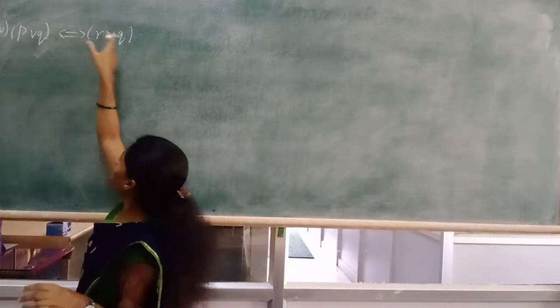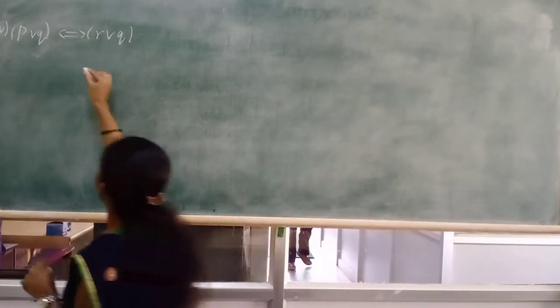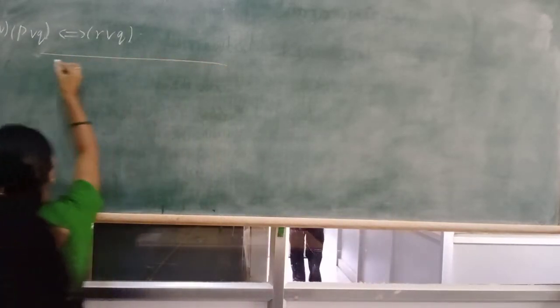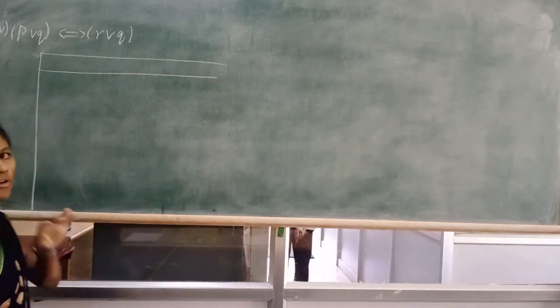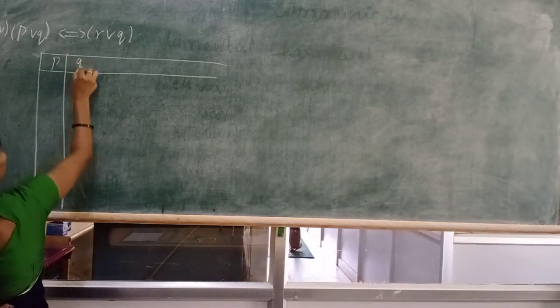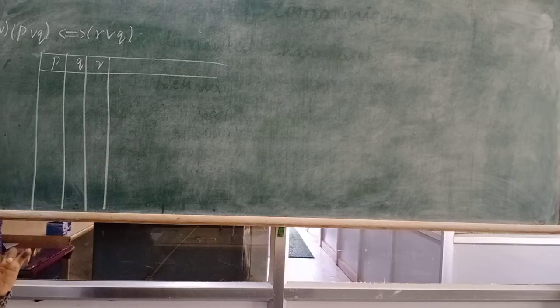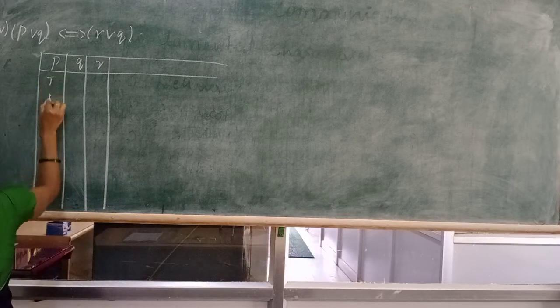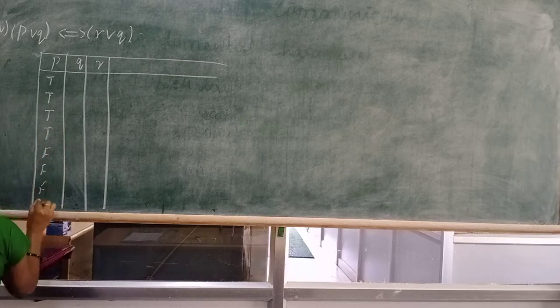With three propositions, how do we construct a truth table? For P, there are four true values and four false: truth, truth, truth, truth, false, false, false, false.